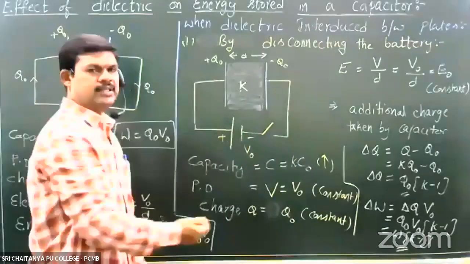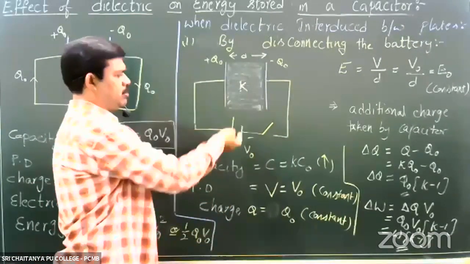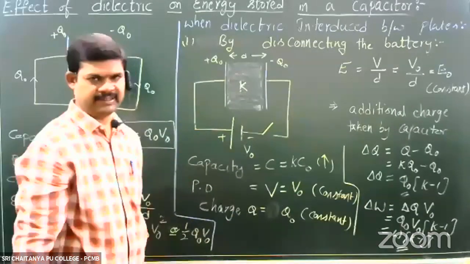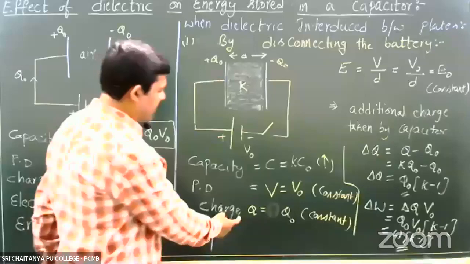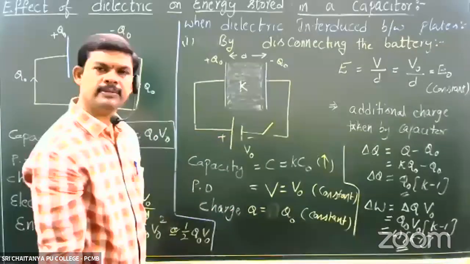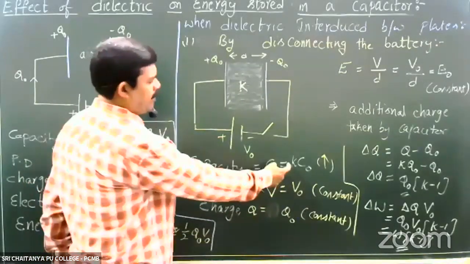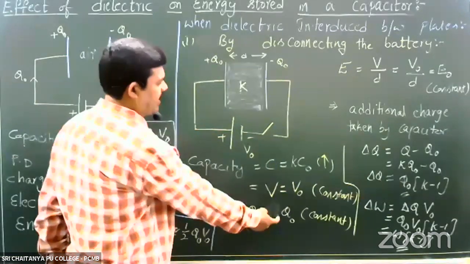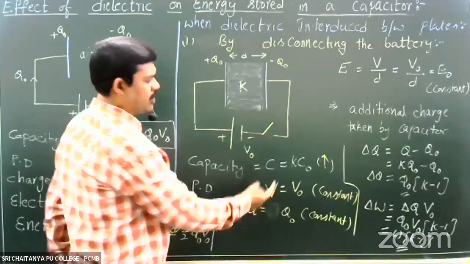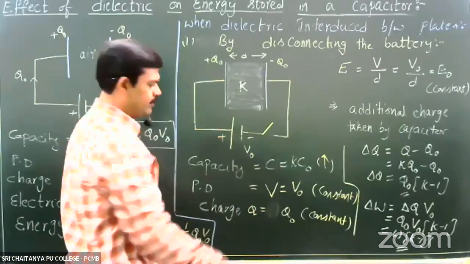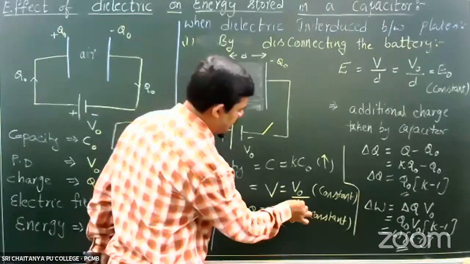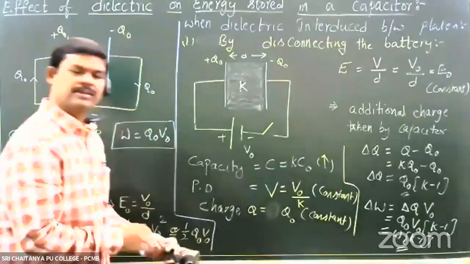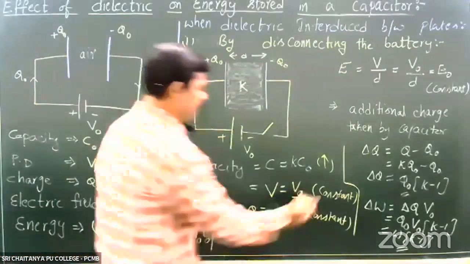It has no chance to take charge because the battery is disconnected. There is no supply source, so the charge remains the same. Capacity is increased, charge remains the same. I know V is equal to Q by C, so potential decreases by K times.